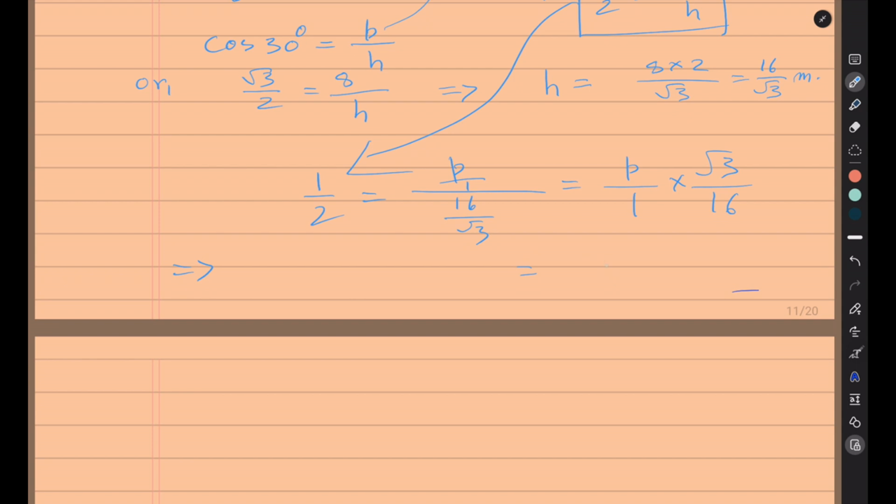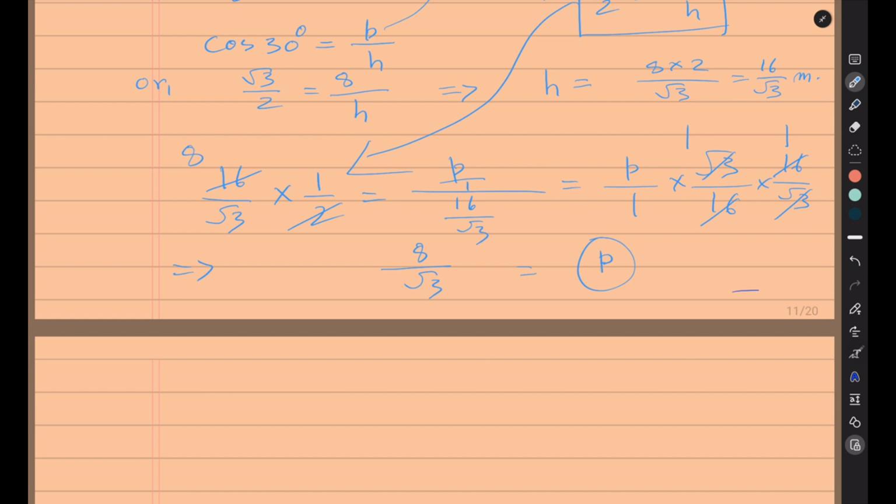And then just leave the P here and shift this, or maybe we can say that multiply both sides by 16 divided by root 3. So in that way, here only P will remain. So this way we got the value of P.